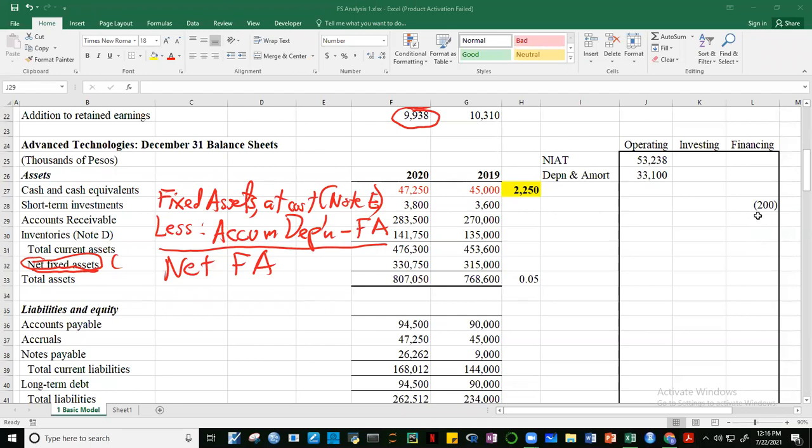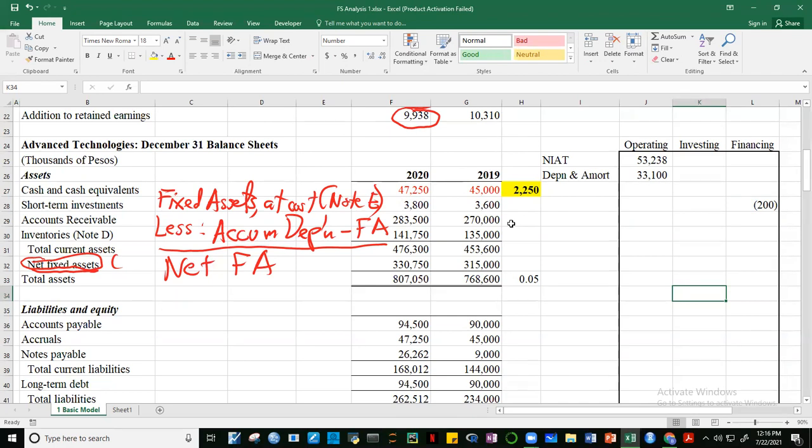Alam, mali. Okay, sige. So, sorry, is equal to this one minus this one. Okay. So, let's go now to receivables, guys. Receivables increased from 270 to 83,500.